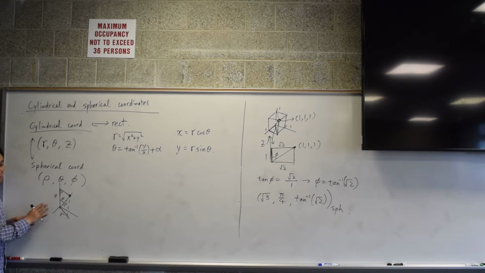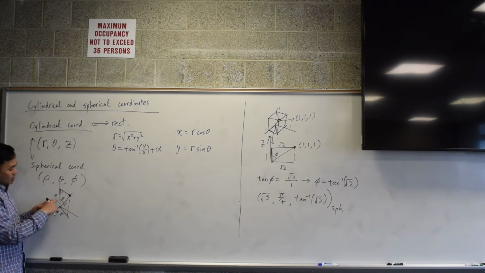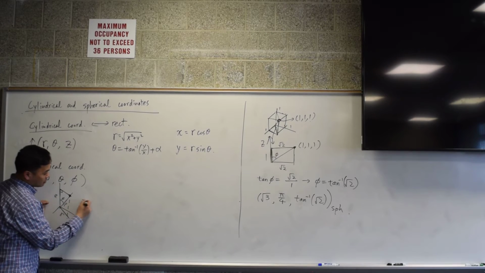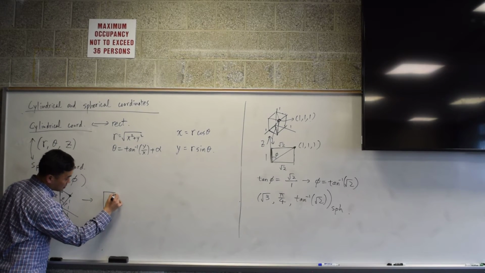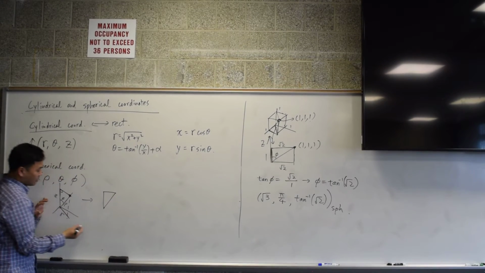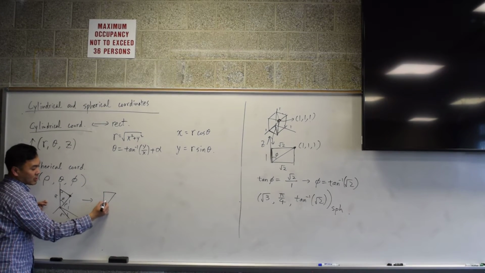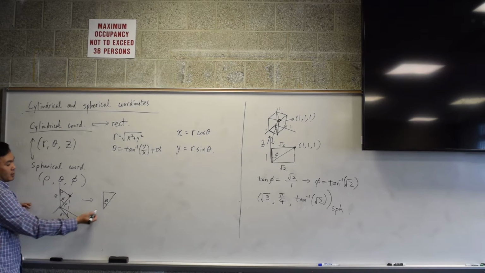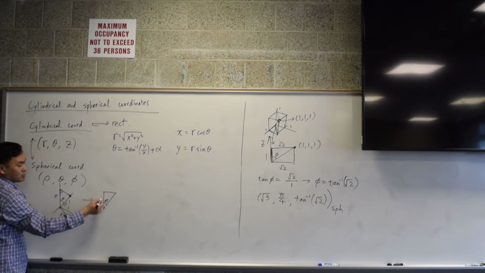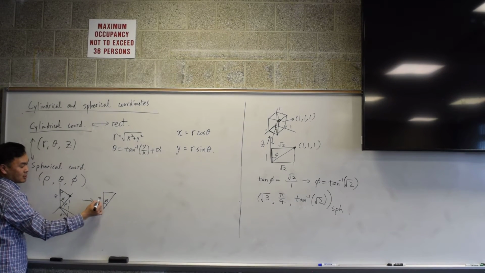There's one triangle that you should know how to draw rather than trying to memorize the formula, because if you know this one triangle, you know everything, okay? So it's like this. If you take this right triangle and just put it like that, this angle is the angle from the North Pole, so that's phi. Right? And this is really the z-axis, so this is the height, so that's z.